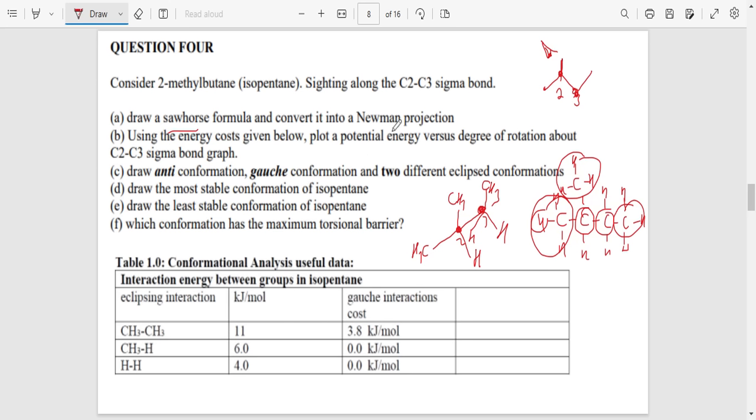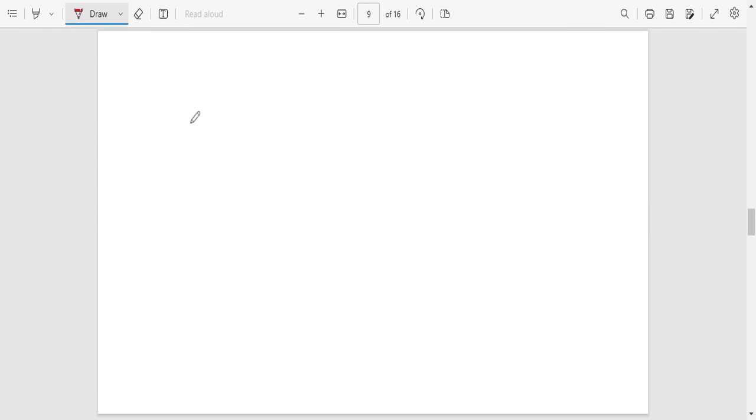I want also to write a Newman projection. So let me go on the next page and just show what I've done. This is carbon number 2, and then I've got carbon number 3. Let me have the 1 hydrogen here, and then the 2 methyls, let me put them in this direction. This is basically the same thing. And then for the other one, we add one methyl.